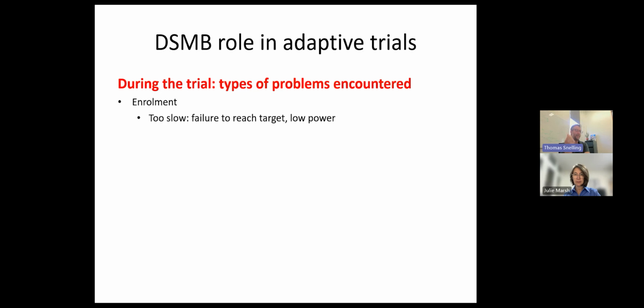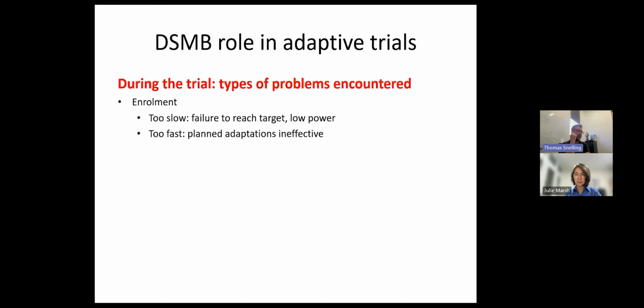Often that then throws up a desire from investigators to change the protocol in ways to facilitate enrolment. For example, broadening eligibility criteria, possibly extending the duration of the trial, and you need to consider what impact that might have on the target operating characteristics.